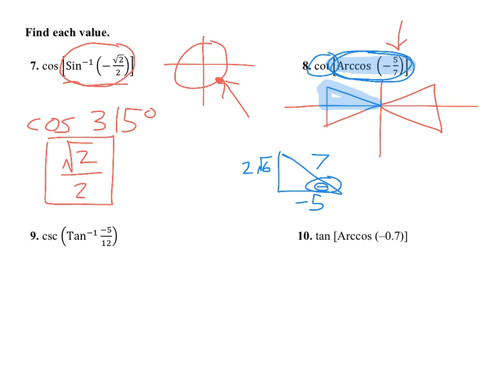Alright, so cotangent is adjacent over opposite. So adjacent is negative 5. Opposite is 2 rad 6, and now let's just rationalize that. If I multiply the top by rad 6, I get negative 5 rad 6, and if I multiply the bottom by rad 6, I get 12.